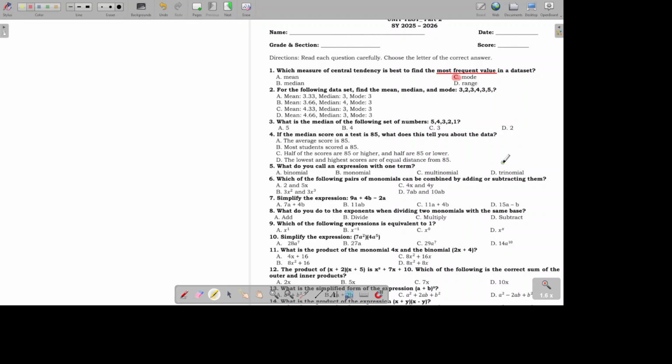Okay, number two, for the following data set, find the mean, median, and mode of 3, 2, 3, 4, 3, 5. Okay, so for the mean, we have to add. So 3 plus 2 is 5, plus 3 is 8, plus 4 is 12, plus 3 is 15, plus 5 is 20.